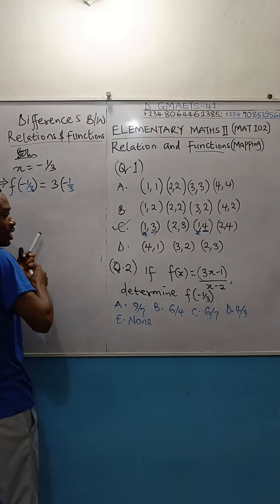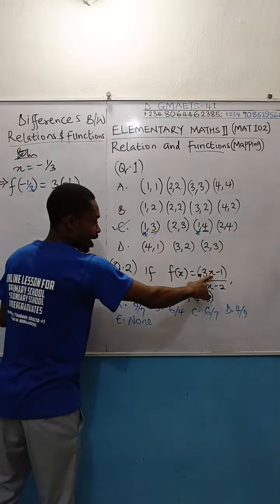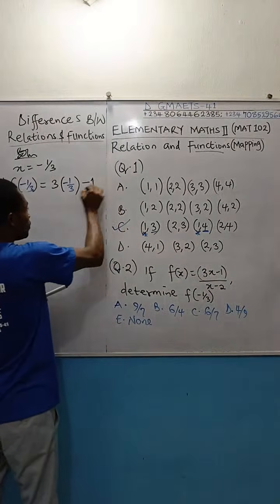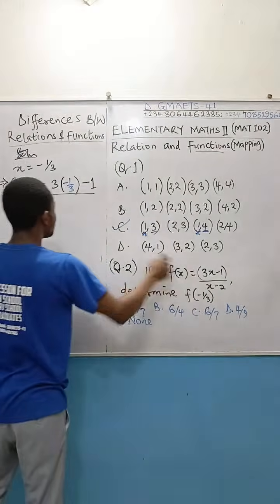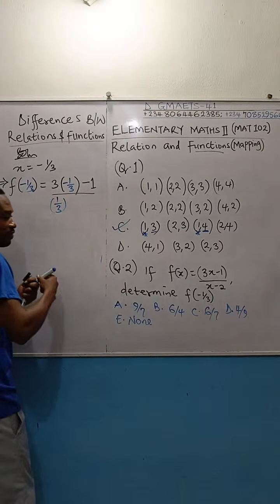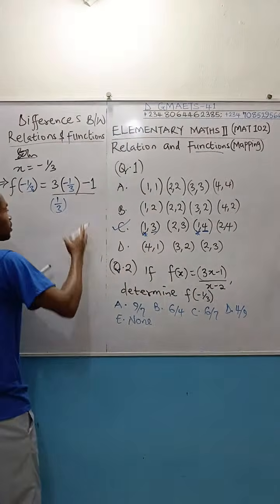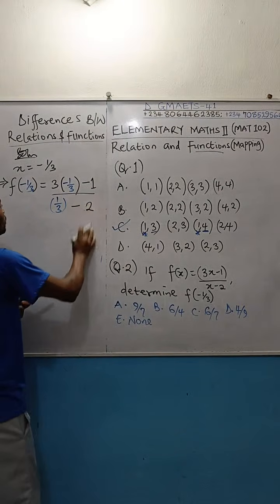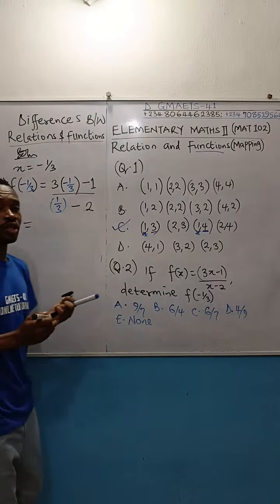Then after this x, you see minus, and what you have there is 1. We're going to divide this by x. The value of x is 1 over 3. And then after this x, you have minus, then 2, not half. So I'm going to simplify this and I'm going to be fast.